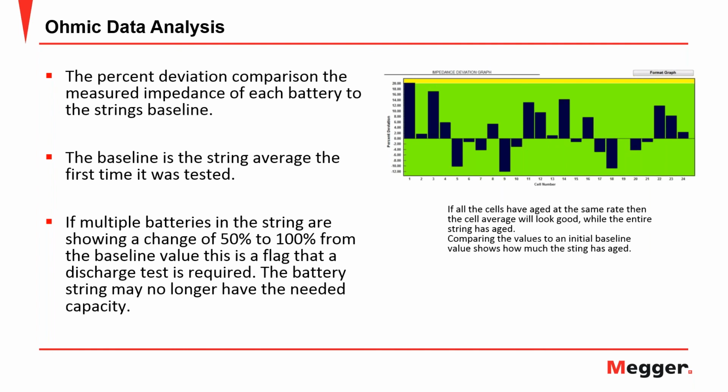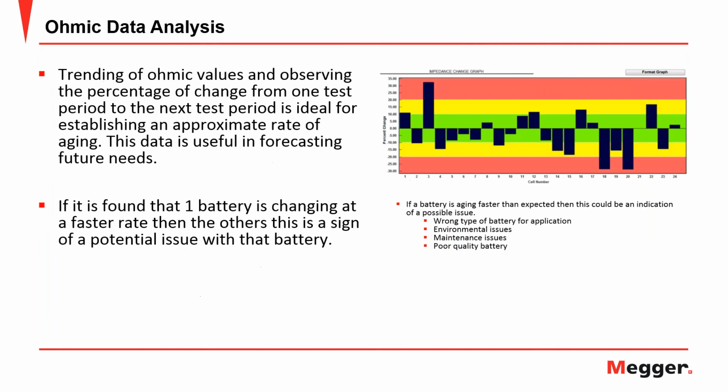And finally, there's the trending of the ohmic value to look at the changes from one test to another. Every time I do an impedance test on a battery, I have values on each cell. Now I can trend each cell's value and see how its impedance is rising. What does that do for me?